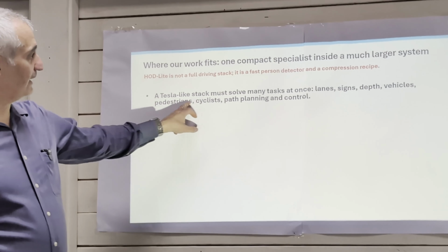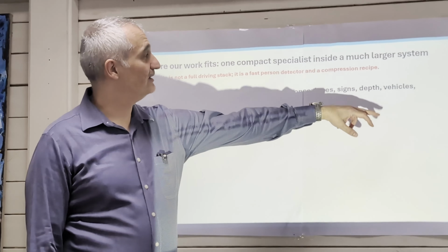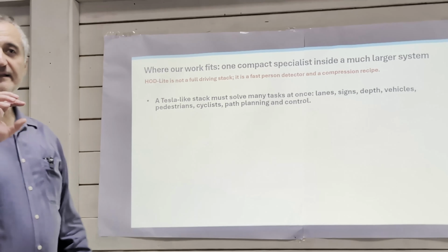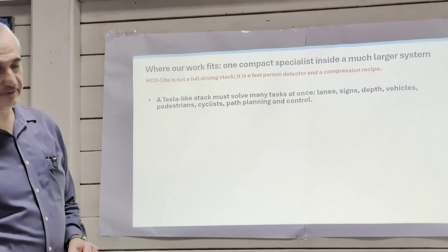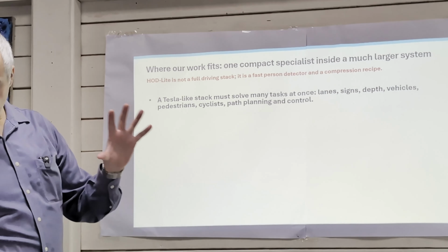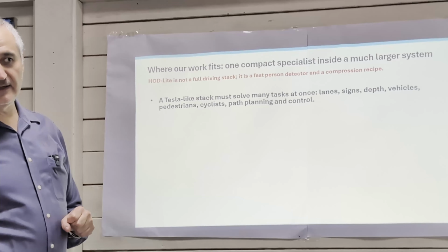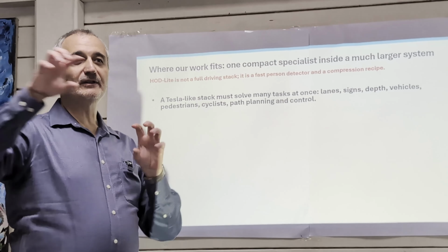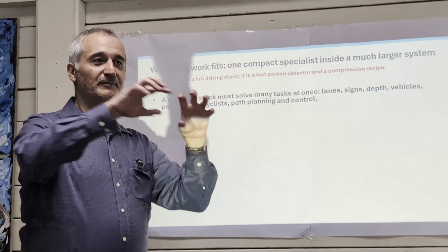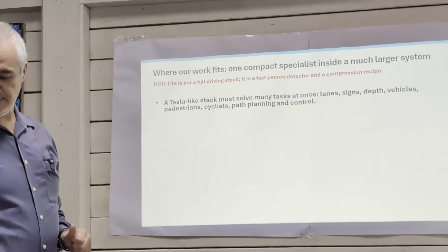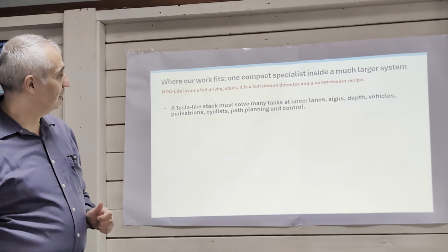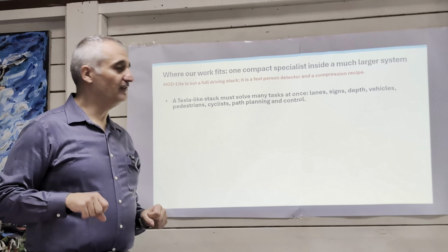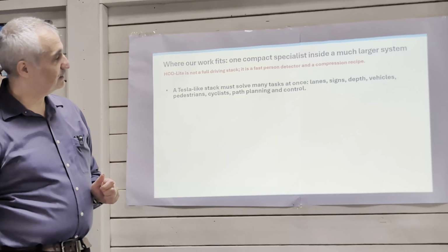As I said, it has to figure out lanes, signs, depth, vehicle, pedestrian, cyclist, everything that's involved in a traffic situation. It has to pick up those things and decide what's happening. When it's picking up moving objects, for instance, it should calculate whether it's going to intercept you or you're going to intercept them. All those calculations have to be done on the fly. Those are actually done deterministically, but all the other detection is machine learning based.